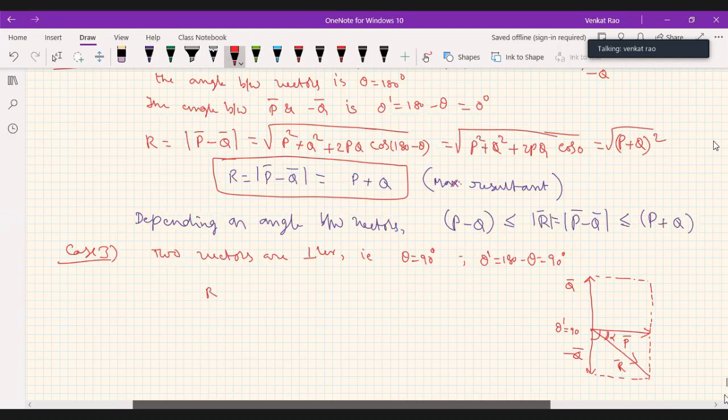R equal to modulus of p bar minus q bar equal to root of p square plus q square plus 2pq cos of 90 degrees, 180 minus 90, is root over p square plus q square.